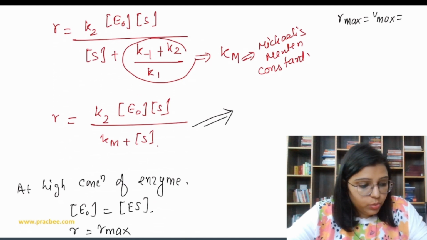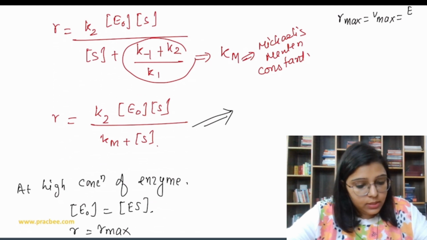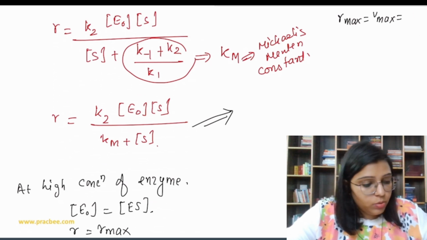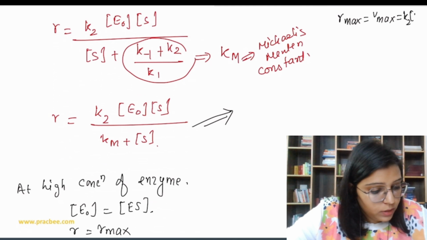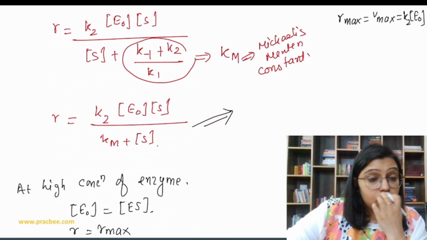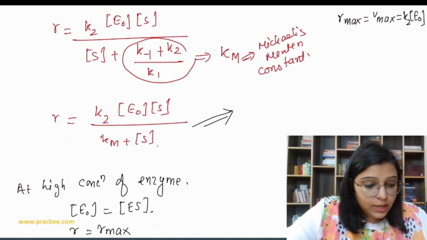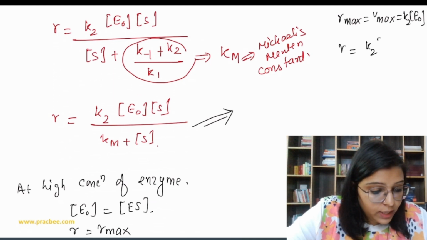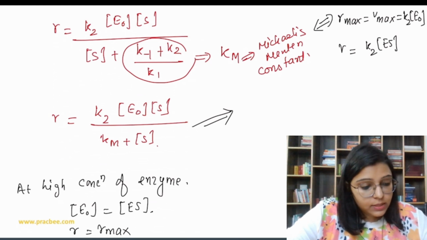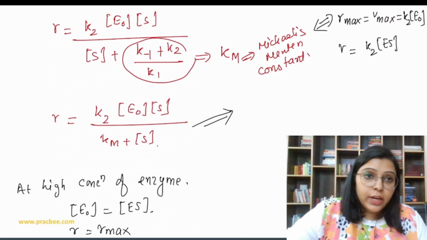It is equal to, if E naught is ES, then rate is equal to K2 E naught. Otherwise, before, rate was K2 ES. Initial rate is K2 ES. But now at higher concentration we have R max equal to this one. So in place of K2 E naught I can put R max.